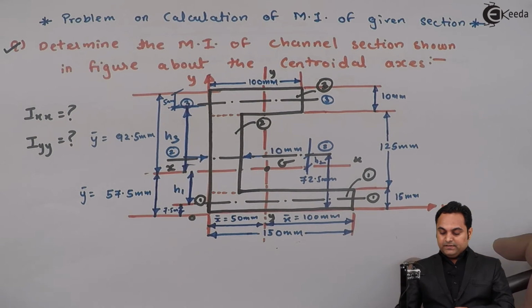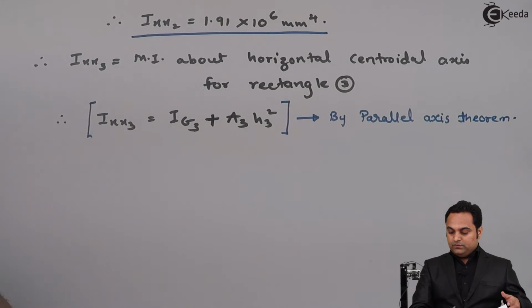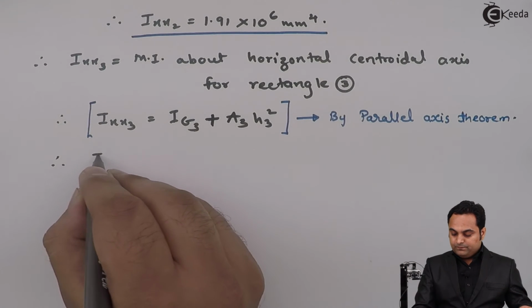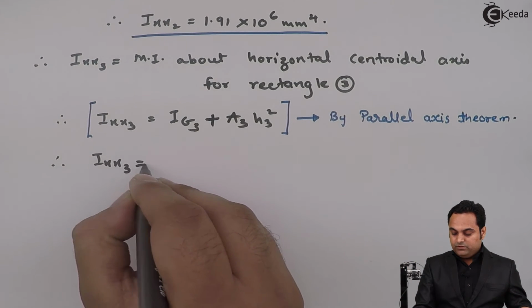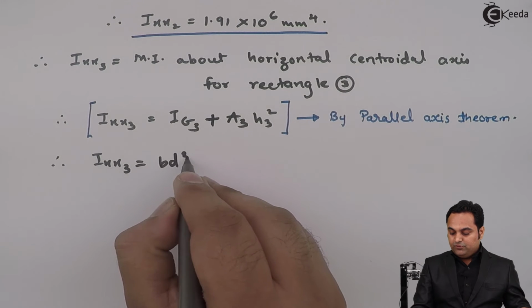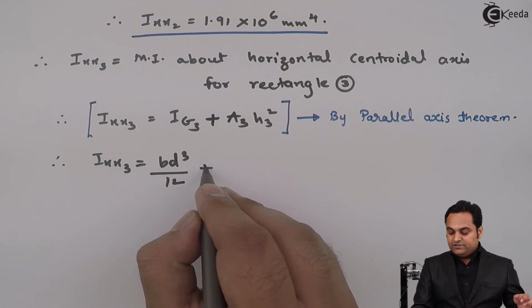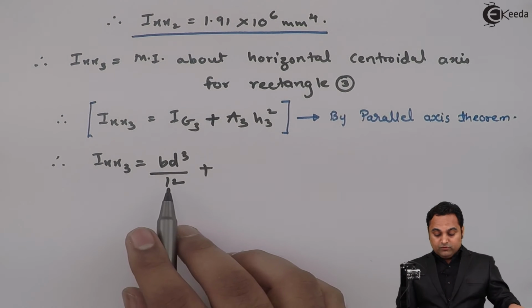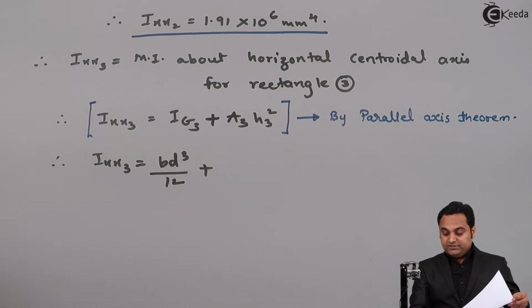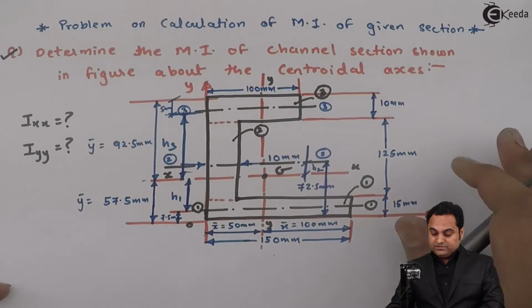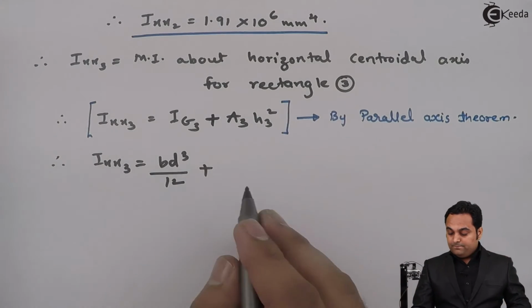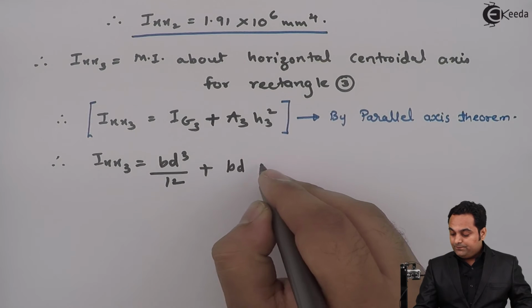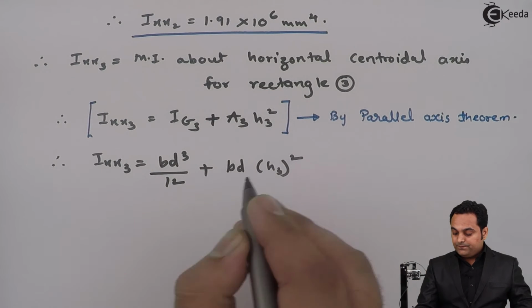So now I'll say that Ix3 will be equal to Ig3, which is BD cube by 12, because it is the moment of inertia for rectangle 3 about its x-axis, which is axis 3, plus area, which is B into D into H3 square.